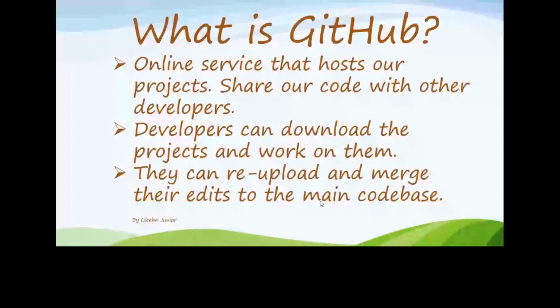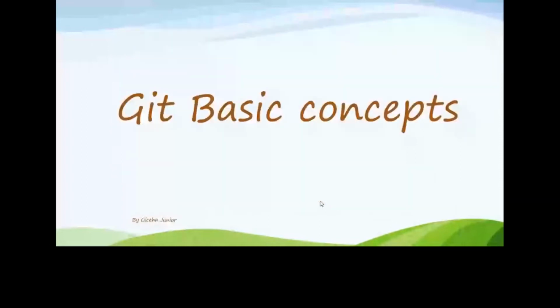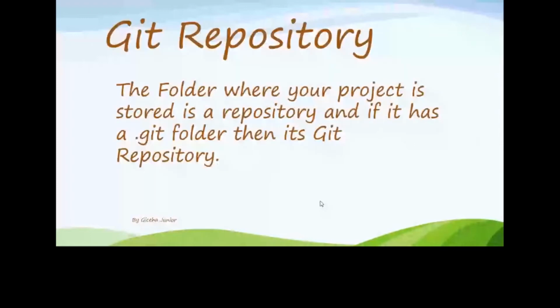Now, Git basic concepts. We have the Git repository. The folder where your project is stored is a repository, and if it has a .git folder, then it's a Git repository.